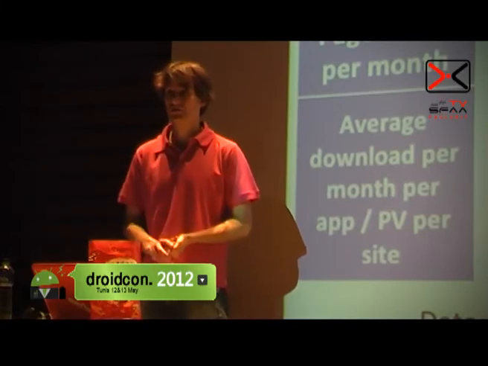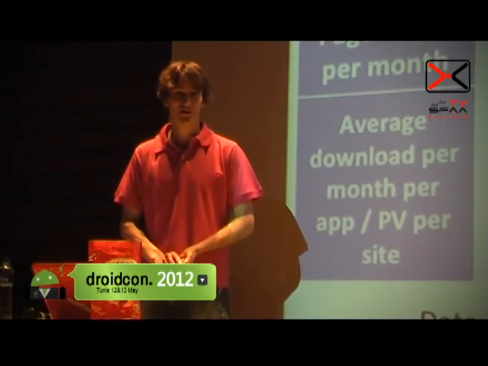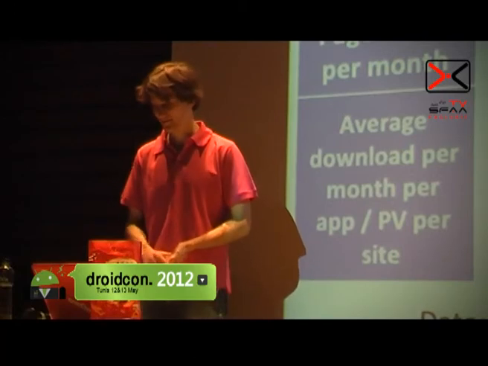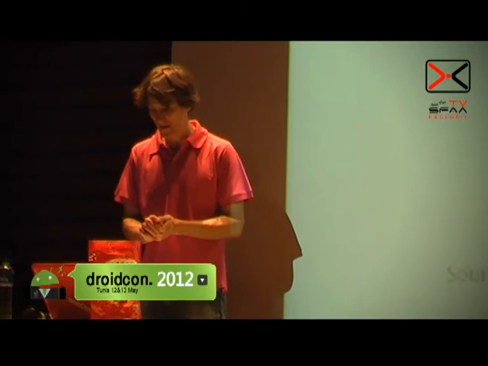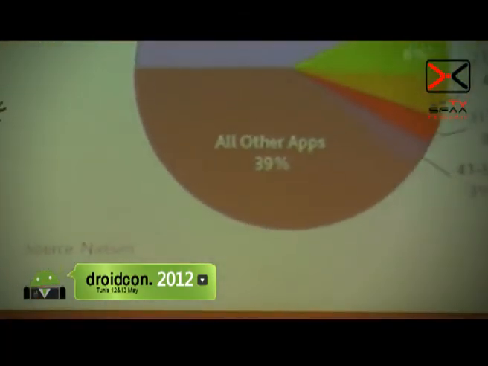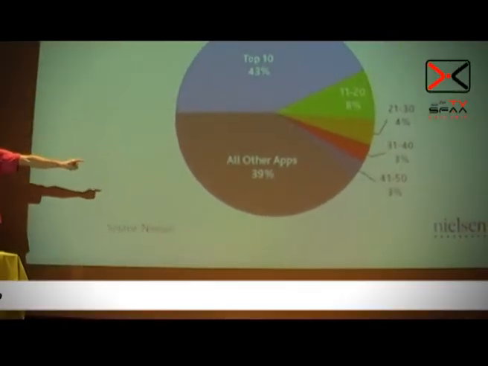But averages, anyone who's done math, averages don't tell you any story. What you would like to see is how fat is the long tail? That's just a bad sentence to say, but let's take a look at it. Figures from June, roughly. Top 10 apps, 43% of the time people spend on apps.